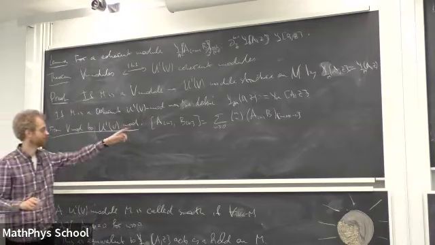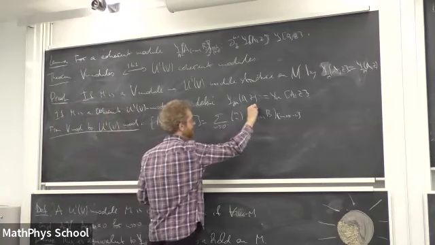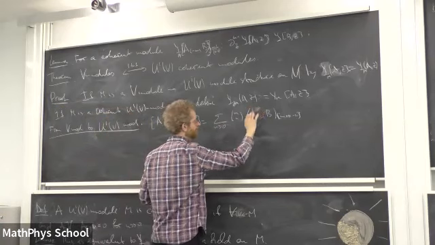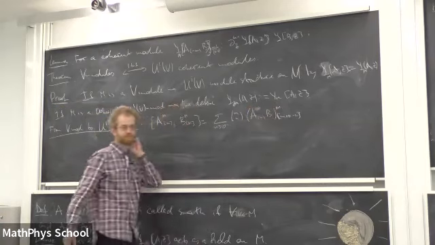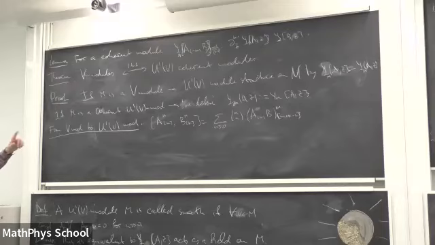I should stress that maybe I put M here. Oops, no, I don't put it. Just one minute, but I claim that there is one more, even more basic thing we have to check.